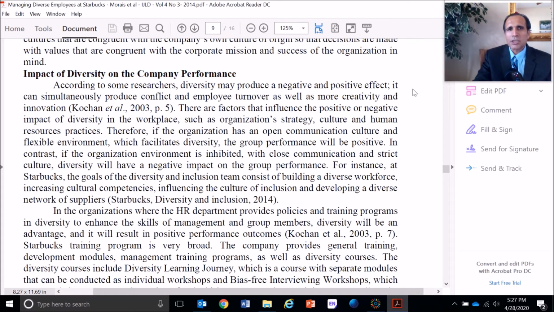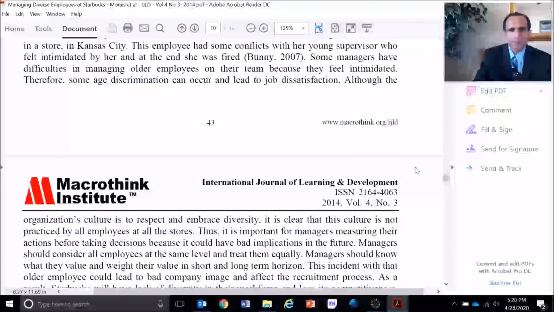So, in other words, how is diversity impacting their bottom line, their success, their performance in the organization, their performance in the industry, and their performance as a top 100 best companies to work for in the United States.